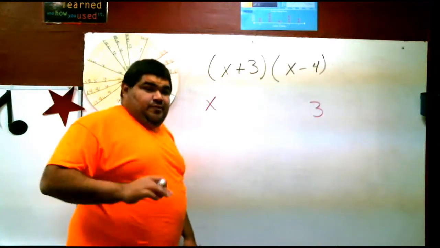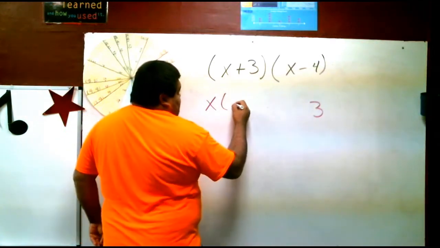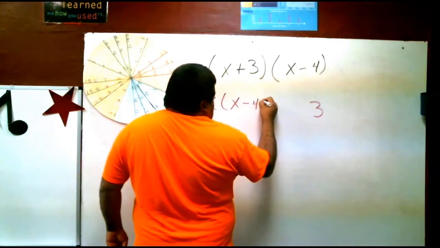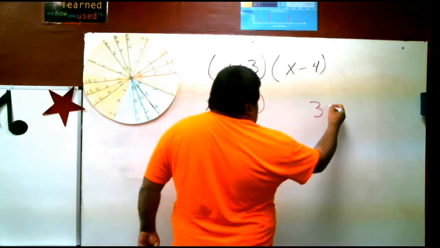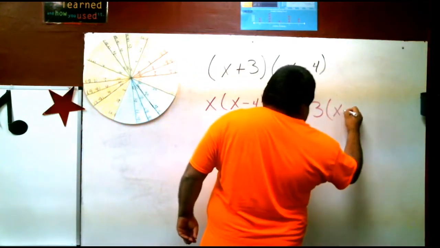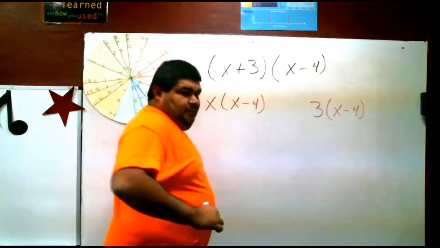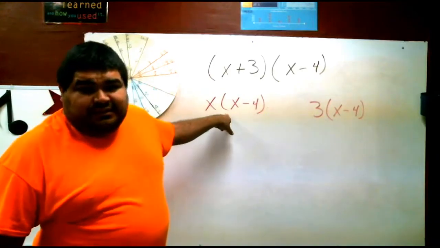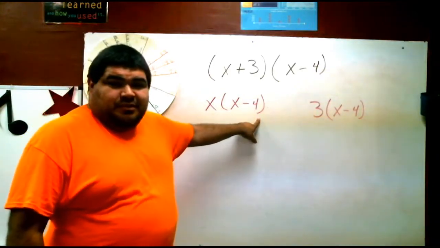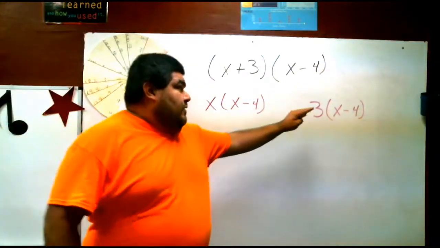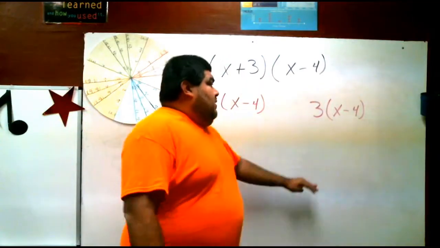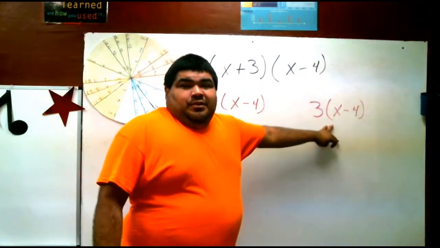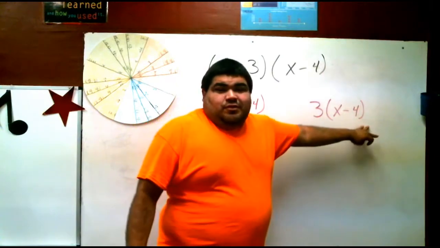You're going to make two of them. You're going to have one for the x times x minus 4, and over here, 3 times x minus 4 as well. So now we have x parentheses x minus 4, close the parentheses, and then we have another set on the side that is 3 parentheses x minus 4, close the parentheses.